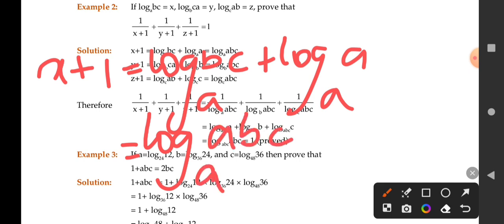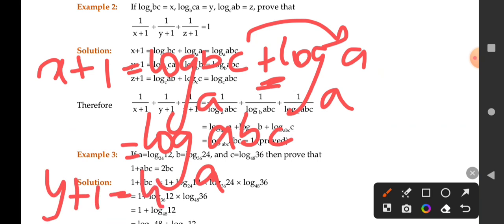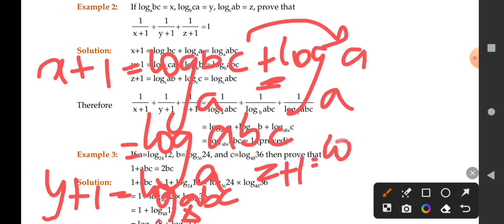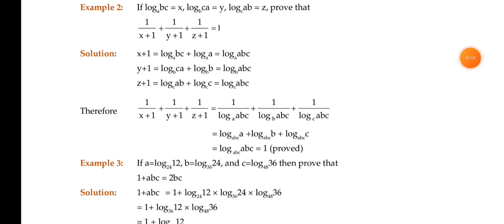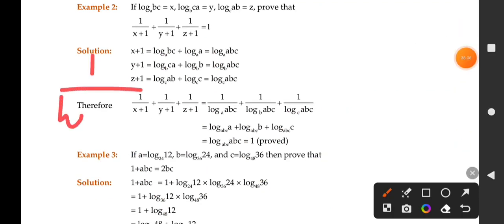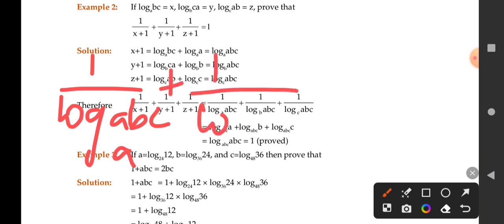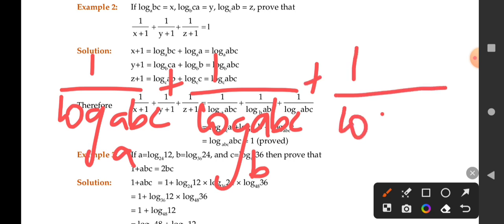Since this is added, we can multiply, giving log ABC to the base A. Similarly, y plus 1 becomes log ABC to the base B, and z plus 1 becomes log of ABC to the base C. So we have 1 divided by log ABC to the base A plus 1 divided by log ABC to the base B plus 1 divided by log ABC to the base C.